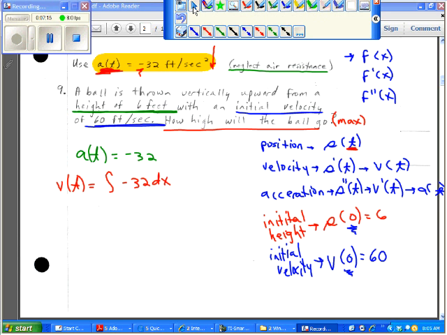So how do we find the integral of negative 32? We assume an x to the 0 power, and then what's the rule? We add 1, and then divide by that same 1. So we would have negative 32 x plus c, right?